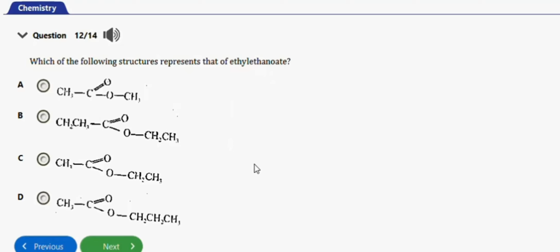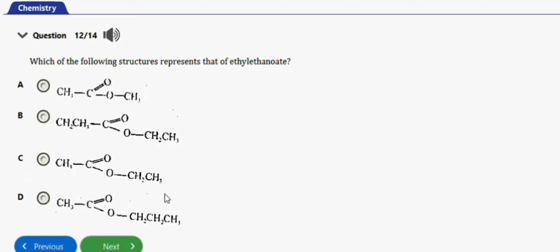We're looking for ethyl ethanoate. It will be this option C. If you check carefully, you will see that we have 2 carbon atoms here after the second oxygen atom. So this is ethyl alone, and what we have here is ethanoate. So the right answer is option C.